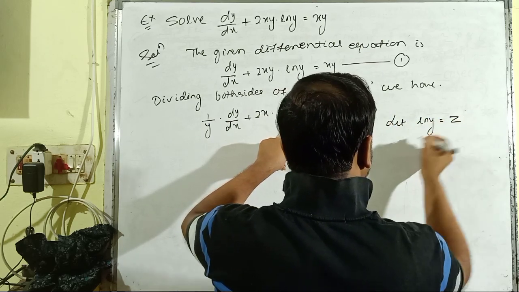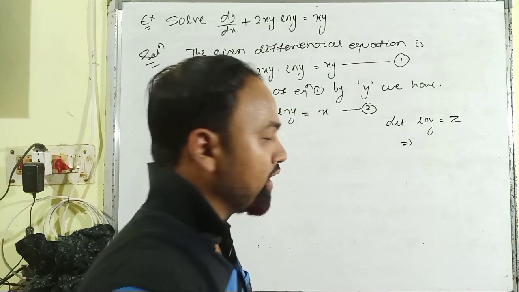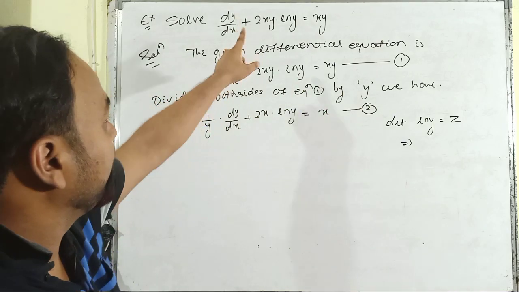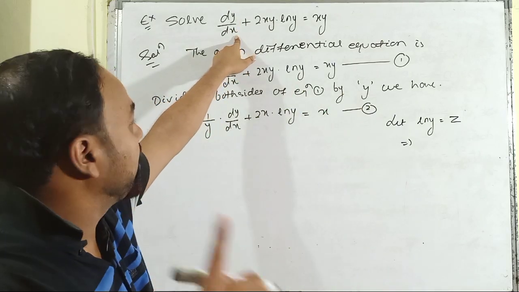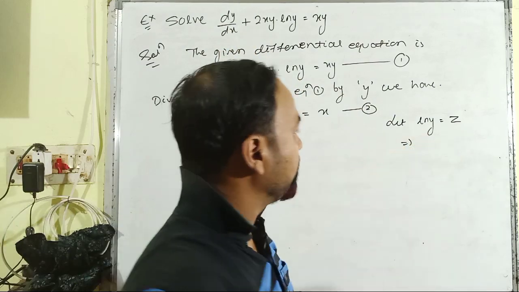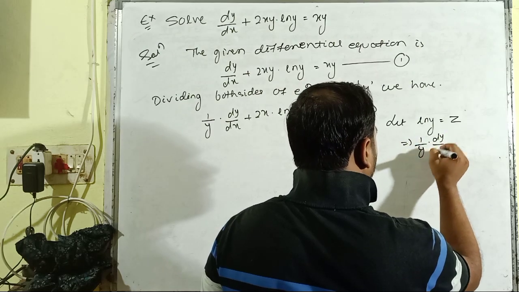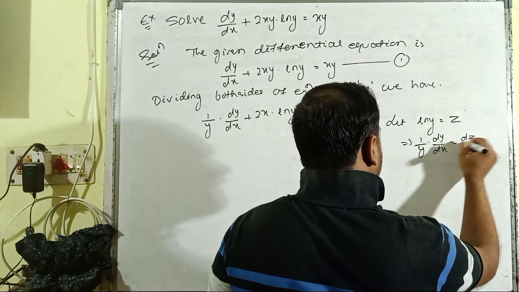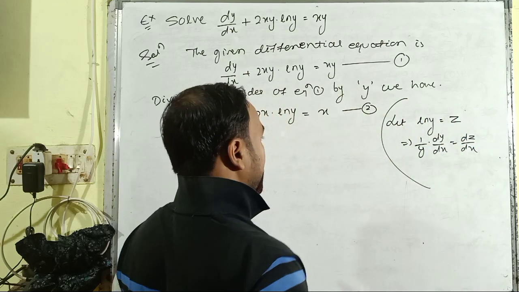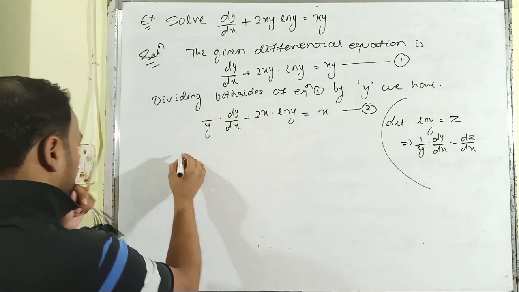Let ln y is equal to z, then differentiating both sides with respect to x variable, because this is the differential equation having the independent variable as x. So we have to differentiate both sides with respect to x. So it is 1/y dy/dx, it is dz/dx, and we have to substitute these terms in the equation.